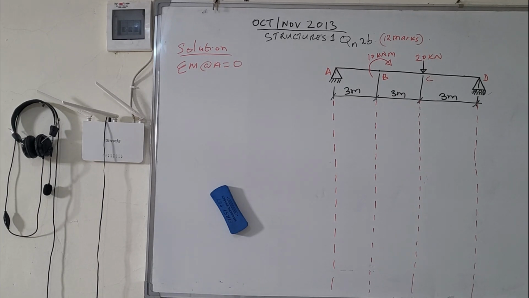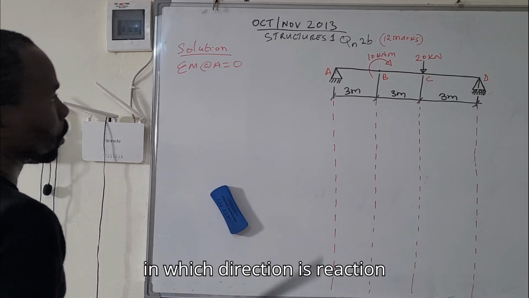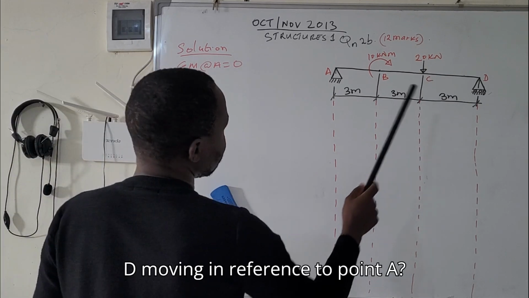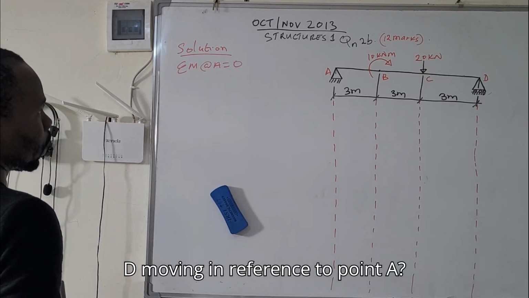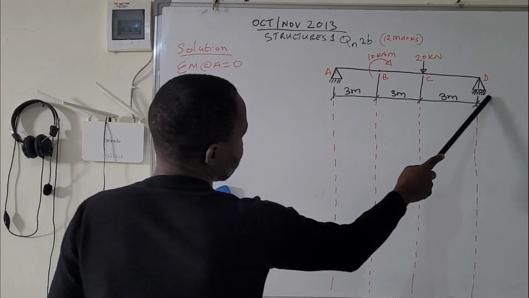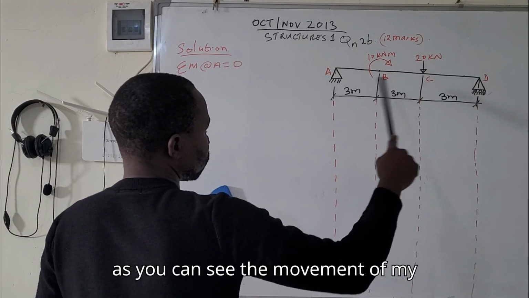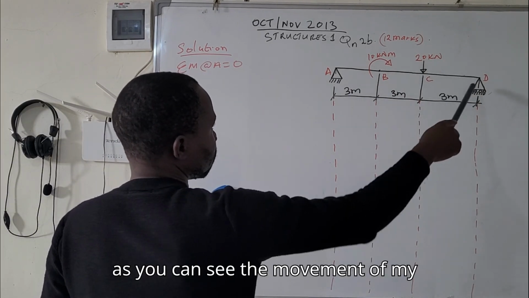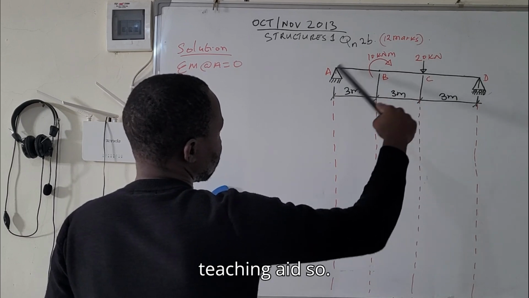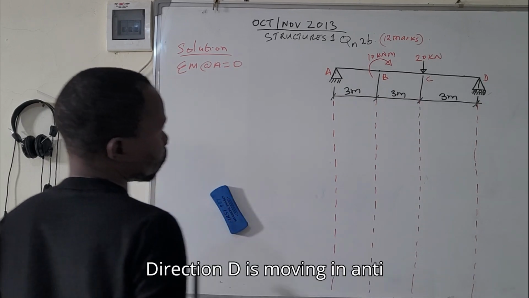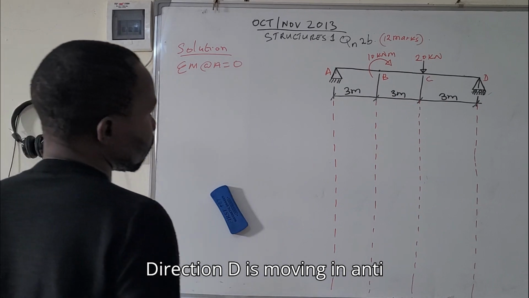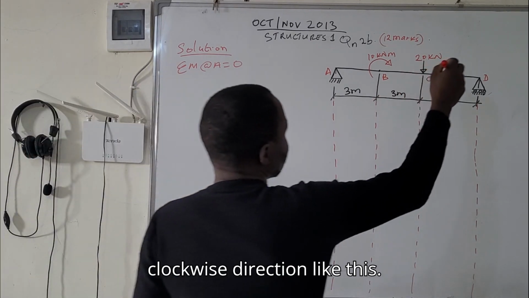In which direction is reaction D moving in reference to point A? So this is D. As you can see from the movement of my teaching aid, reaction D is moving in anti-clockwise direction like this.